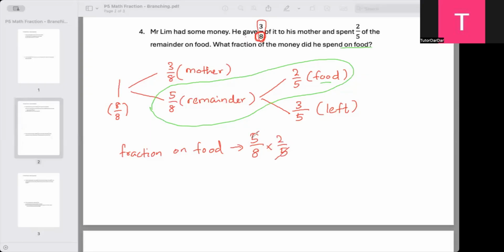So 5 and 5 cancel. 2 divided by 2, 1. 8 divided by 2, 4. We get 1/4. So the answer is 1/4.